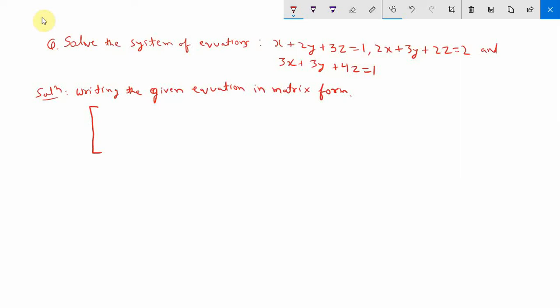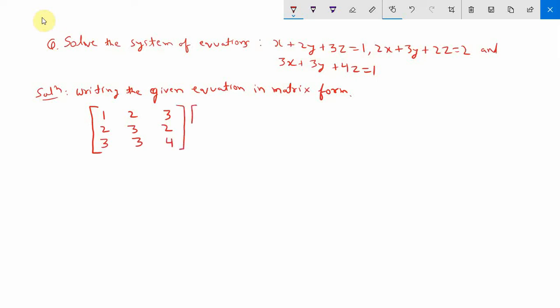So we will take coefficients of x, y and z. So it will be 1, 2, 3. Then second equation 2x plus 3y plus 2z, so 2, 3 and 2. Third equation is 3x plus 3y plus 4z, so coefficient of x 3, coefficient of y 3 and coefficient of z 4.